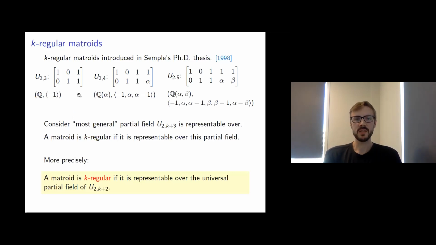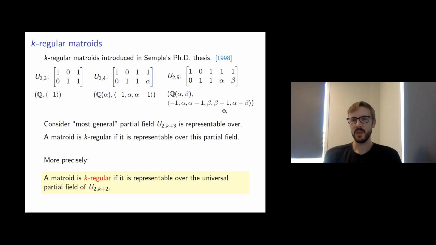So this gives us 0 regular matroids if you're looking at U23, which is just regular matroids, 1 regular matroids, which are near regular matroids if you look at U24, and 2 regular matroids if you look at U25. So if you prefer to think about the partial field definition, what we're saying here is that these are what we're allowing as our non-zero subdeterminants.